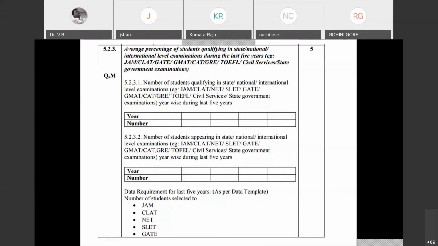Once these numbers are not tallying, say for example, you are giving 20 students over here and you have only 5 letters or supporting certificates, mark sheets, then the DVV will reduce the number to 5. So when you are giving these numbers, please ensure that the corresponding supporting document is there.